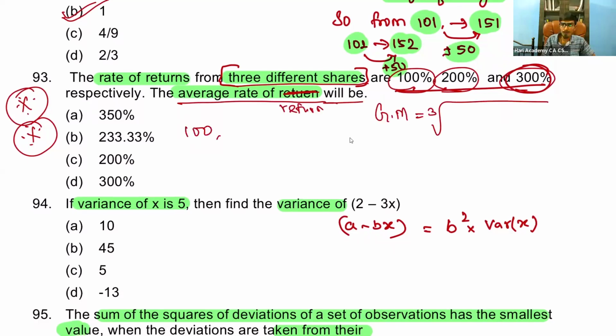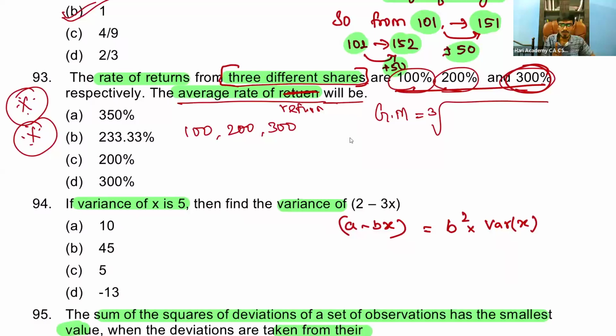If you go with 400, you get exactly 200: 4 into 2 is 8, and the cube root of 8 becomes 2. So the answer is 200. Here they have given 300, so we go for an approximation. This is how the ICAI will test you. This is an interesting question you need to note down.